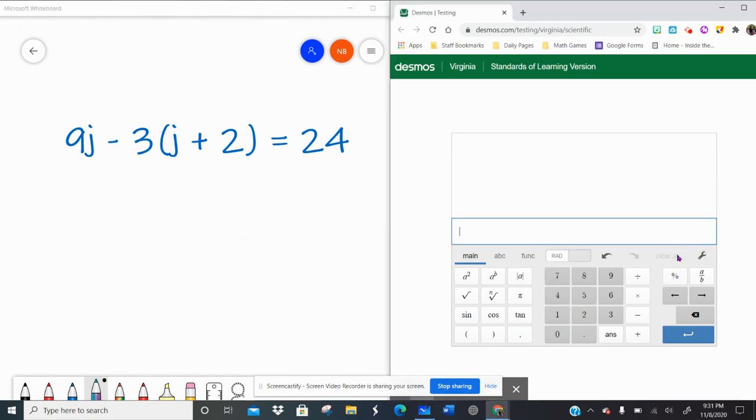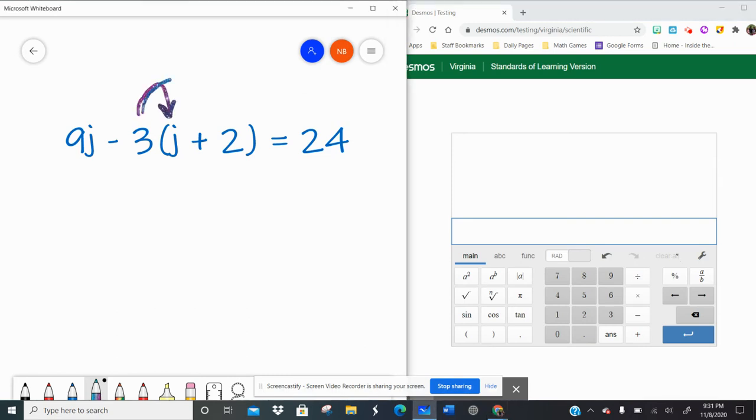All right, let's do one more together. Same steps. We're going to get rid of those parentheses using that distributive property. But for this one, we need to be careful. It says 9j minus 3, parentheses, j plus 2 equals 24. That minus 3 is important. We kind of read that like a negative 3. So when we distribute the 3, we have to distribute that negative sign too.